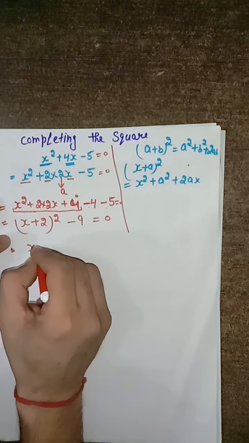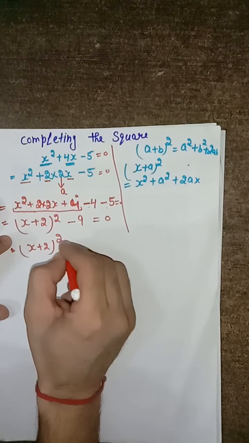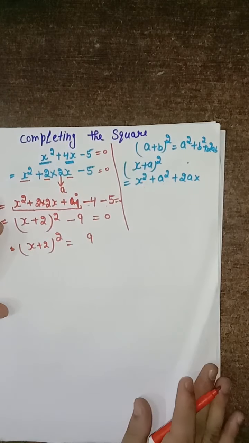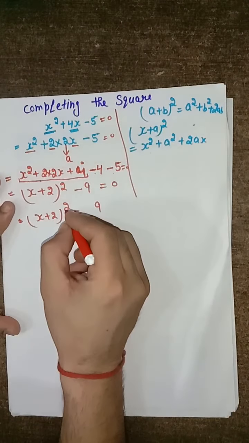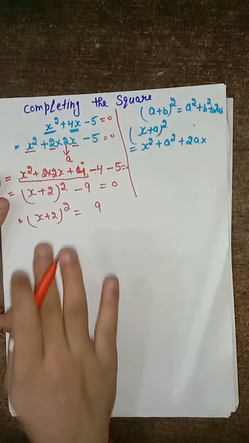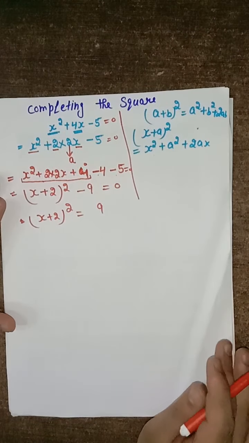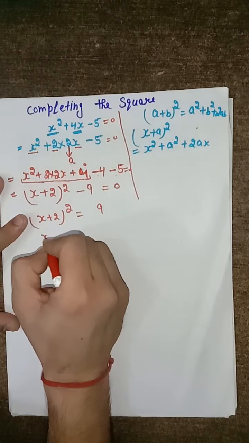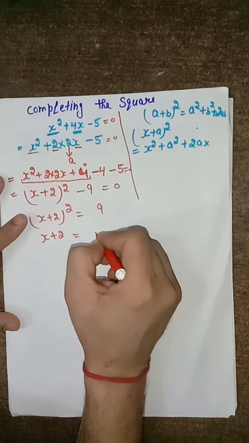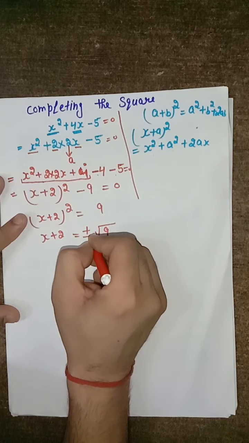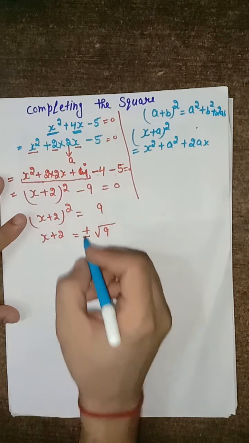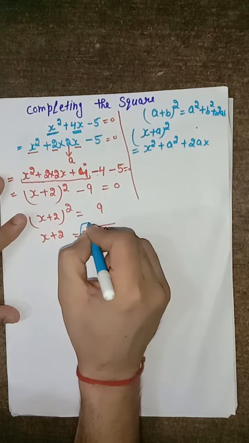Now x plus 2 whole square equals 9. And student, you know, if this square goes on right hand side, this will become square root, means x plus 2 square root 9 with the symbol plus minus. This plus minus is important.